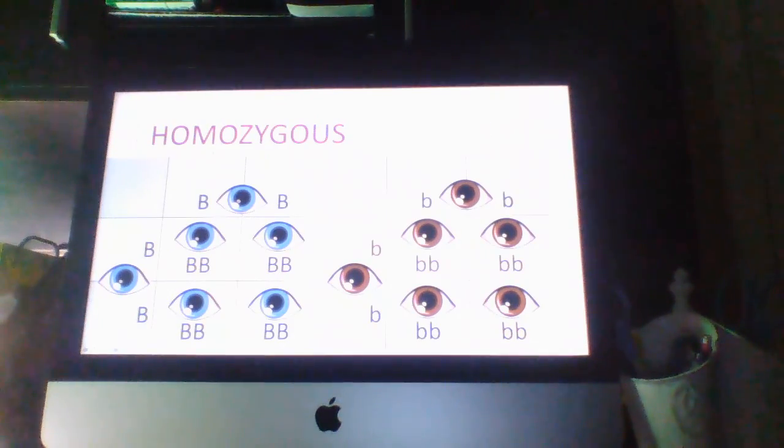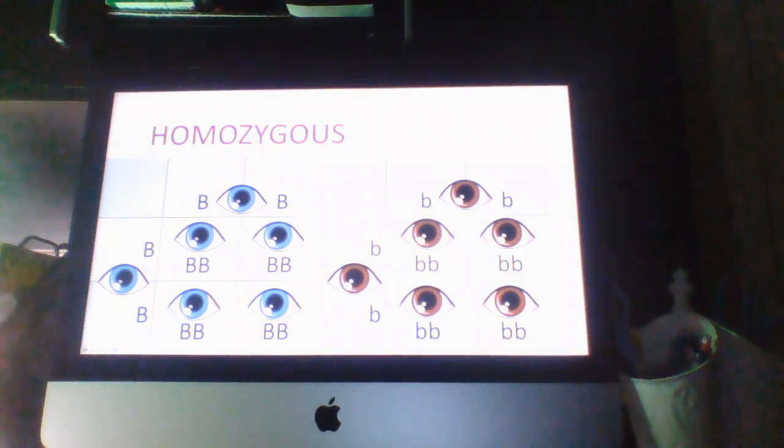So let's take a look. Homozygous means they're going to have the same genes. They're going to have both dominant or both recessive. So here, these are dominant, both capital letters, and these are recessive, both lowercase letters. So in this case, if B is blue eyes, and this individual has 100% two capital B's, that individual is going to have blue eyes. If this individual has two lowercase b's for each of the squares, then that's 100% brown eyes.